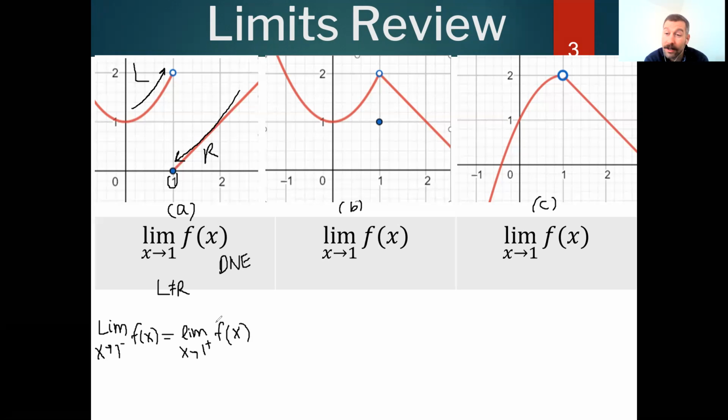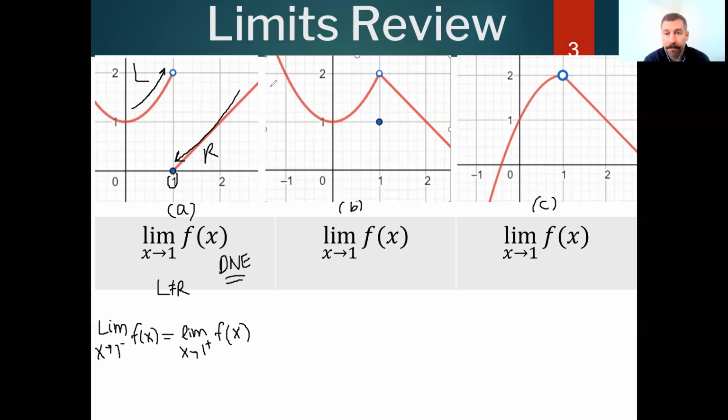So when I put some annotations on your work and I put L does not equal R, I wanted you to start thinking about the fact that limits will be DNE when that left and right aren't equal, or as some people say, the left and the right don't meet. If they don't meet, the limit does not exist. Because that limit tells us what our graph is approaching, and they must be approaching the same output from both directions. And if that doesn't happen here, then our limit does not exist.